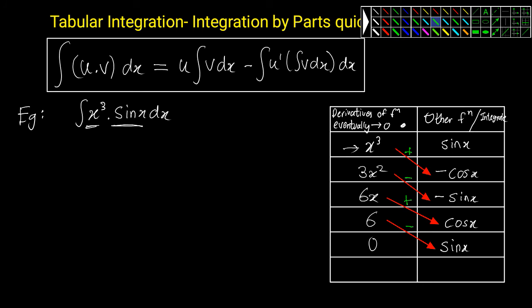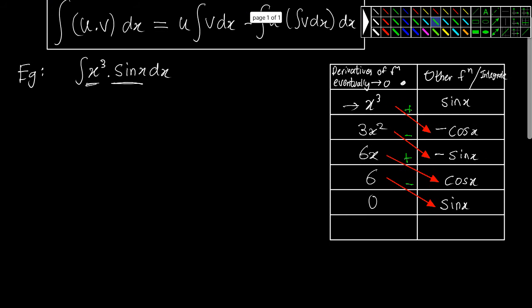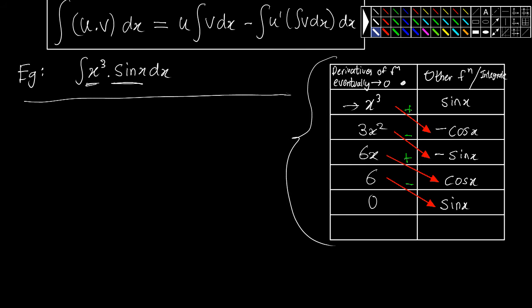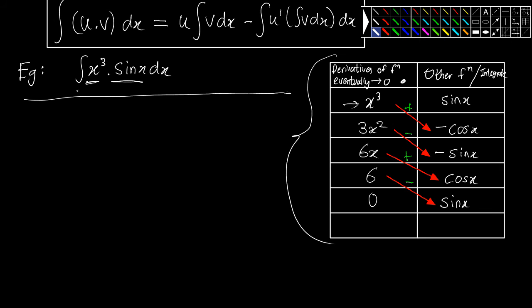So let's write down how we are gonna use this table. This equals plus x cube times minus cosine x, minus 3x square times minus sine x.